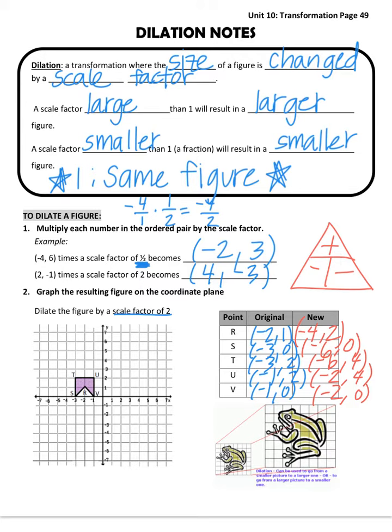Let's plot the points. Okay, so R prime will be at -4, 2. S prime is -6, 0. T prime is -6, 4. U prime is -2, 4. And V prime is -2, 0.